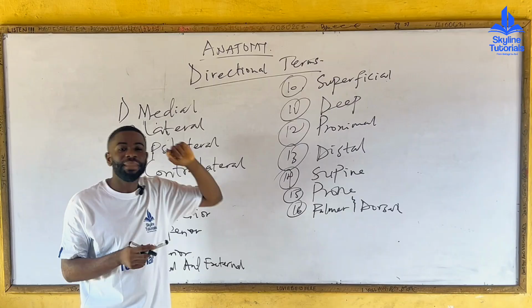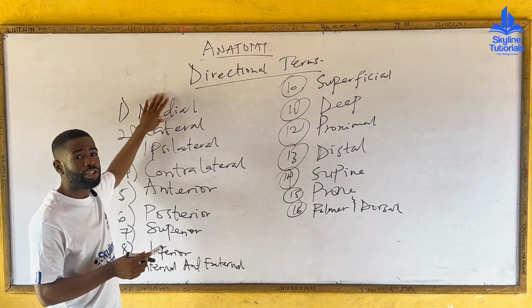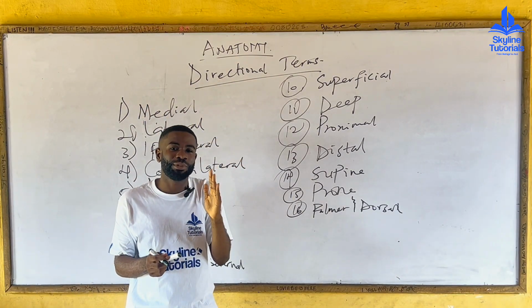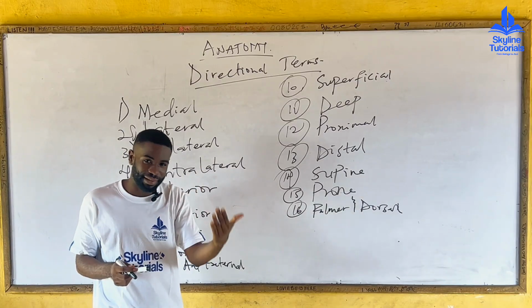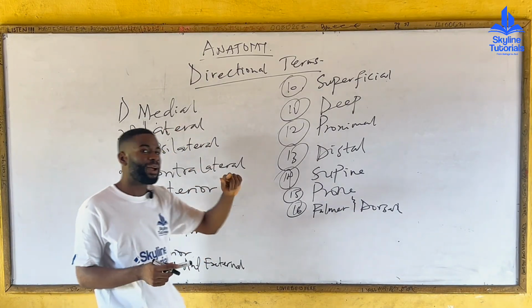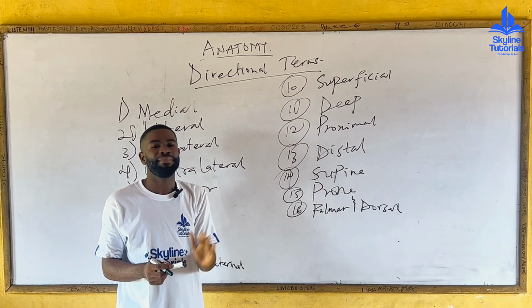Let's look at the medial position. The medial is used for describing positions that are nearer to the mid or the middle or the median plane of the human body. The medial describes positions of structures that are close to the median plane.